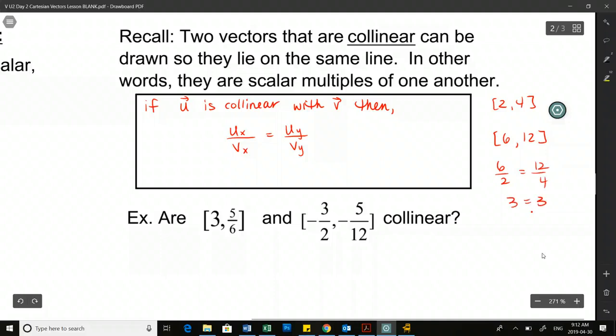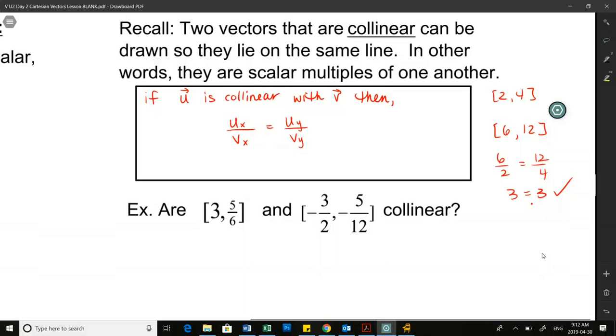Here, because 3 equals 3, these are scalar multiples of one another. It gets a little more complex with decimals, but if you do this standard check between the x's and the y's, you should be fine. Just be consistent with the one that you put on top and the one that you put on bottom on each side. I could flip it too, and that would be fine, a good check.